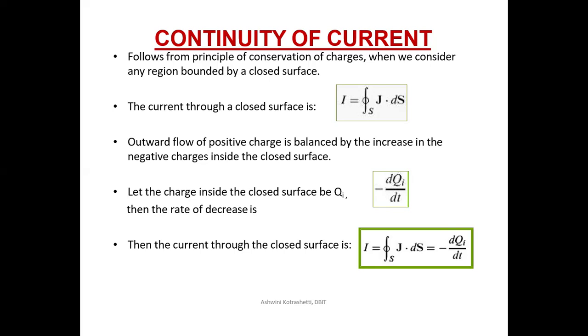Now, if we have a region, a closed surface region, then the amount of current that passes through that closed surface is said to be, say, I. So here you can see that I is the total current passing through the closed surface region, which can also be evaluated using the surface integral of J dot ds, as you can see.